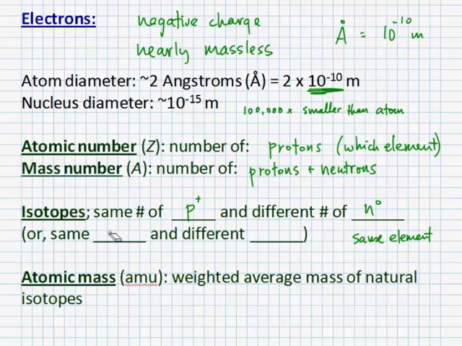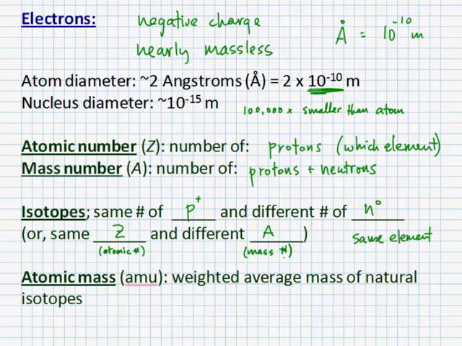So I was going to write An, but let's use the actual symbol. Let's write Z for atomic number with different mass number, different A. So atomic number, remember we said, will define an element. Mass number will give us an idea of the mass of that particular isotope just by counting subatomic particles.